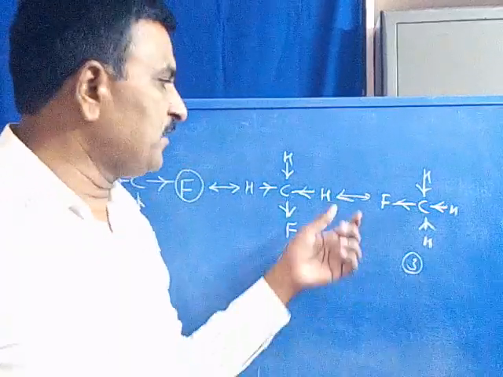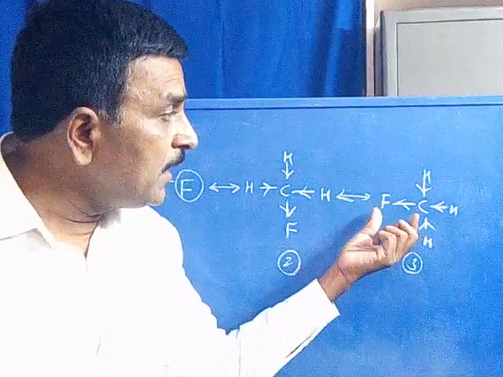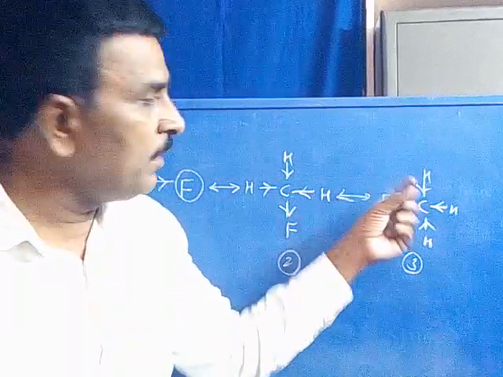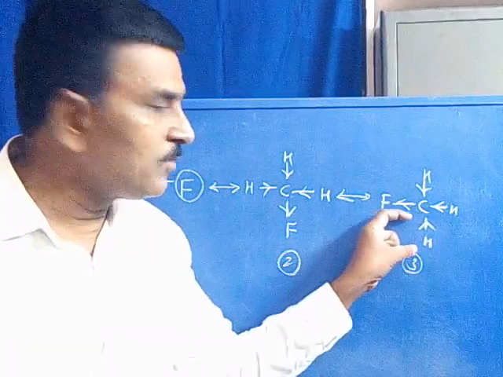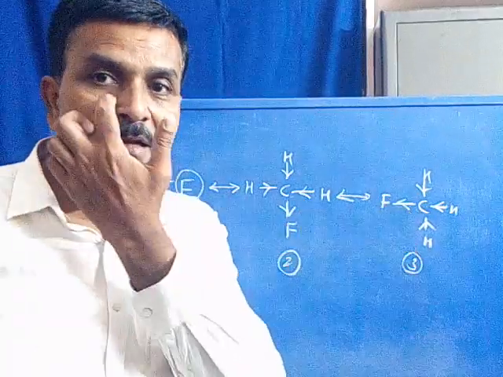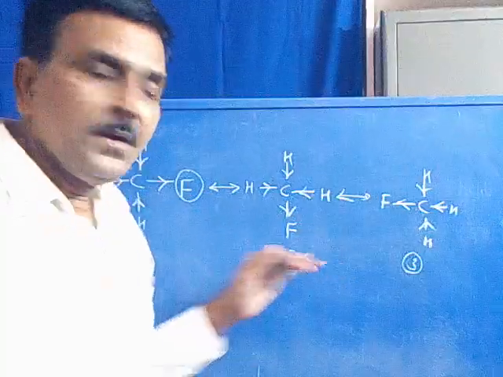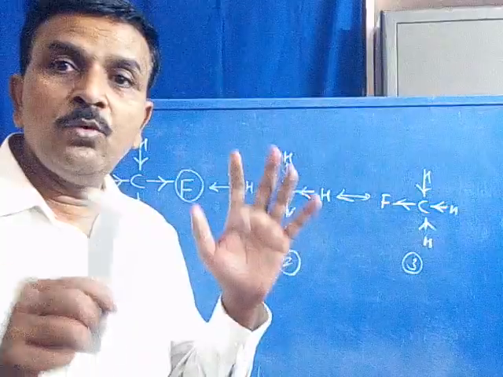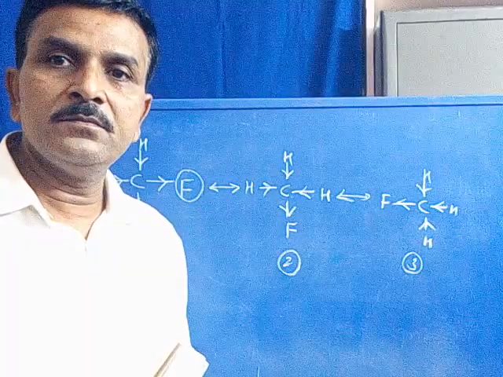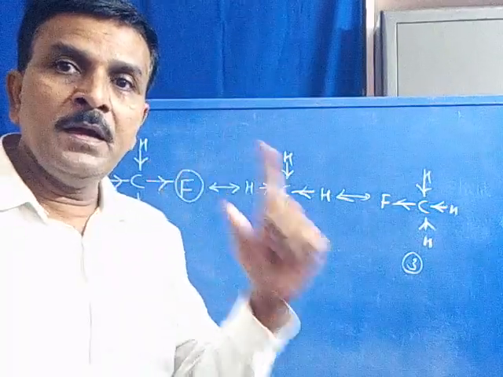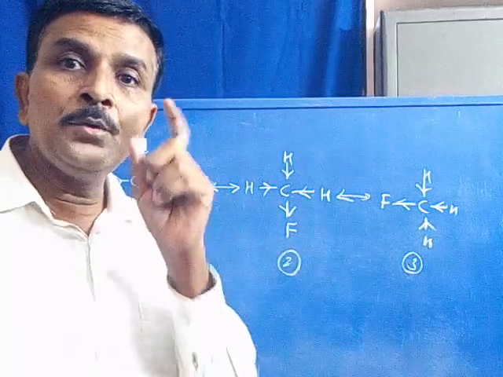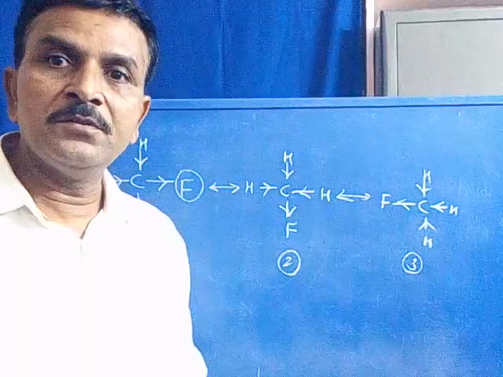Let us observe the inductive effect of fluorine is again equal with respect to this bond, this bond, and also this bond. Is it clear? On changing the orientation, there is no change in the inductive effect. What does it indicate? Inductive effect is equal in all directions and uniform in all orientations.